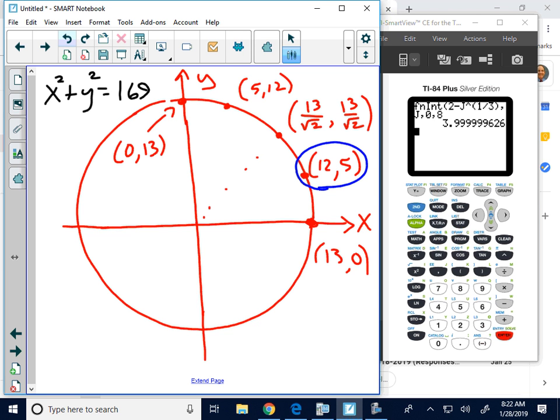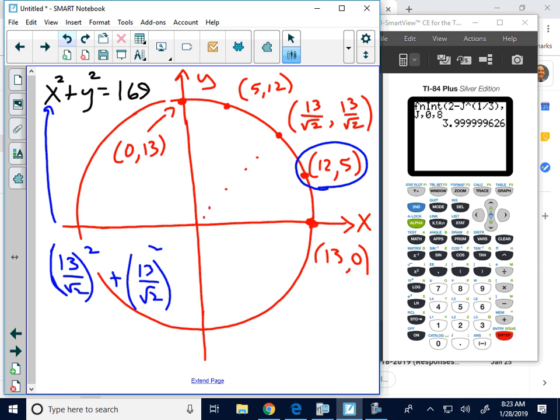So we'd have to take 13 over the square root of 2 and square that. That's the x, right? And we'll do the same thing with the y: 13 over the square root of 2, squared. And that's supposed to equal, question mark, 169. If that's true, then the point's on the circle. If it's not true, then the point's not on the circle.